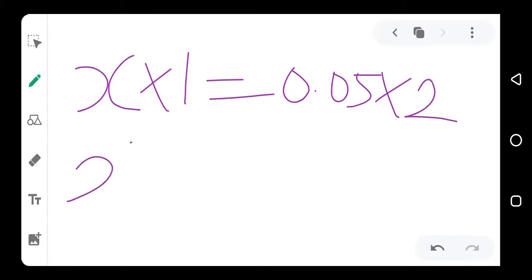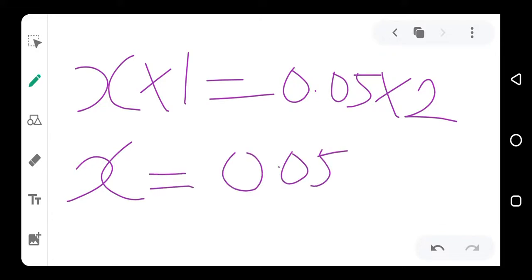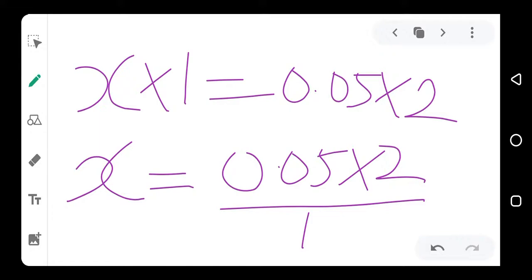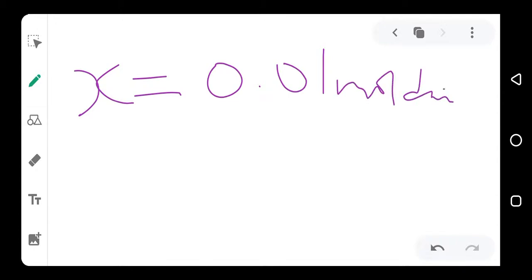Now X is equal to 0.05 times 2 divided by 1. And so we have that X is equal to 0.05 times 2, which is 0.01. Use your calculator and multiply it, it is equal to 0.01 mole per dm cube.